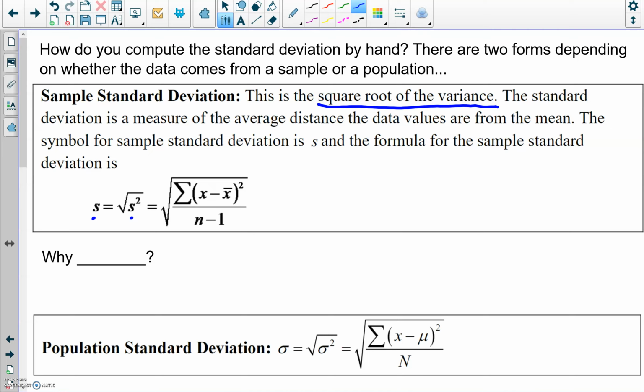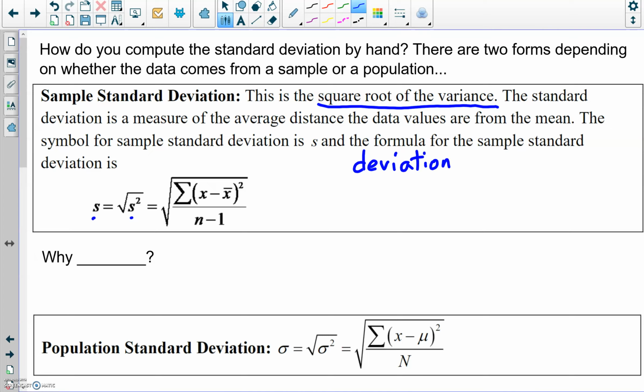It's where that average distance idea comes in. And in math, when we start looking at x minus x bar, data value minus a mean, we have a fancy word for this. The deviation is a fancy name for that, and that's why they have standard deviation. When you deviate from something, you're different.